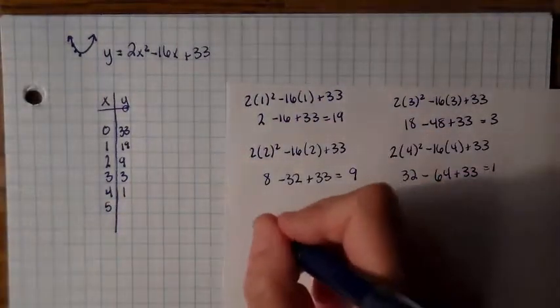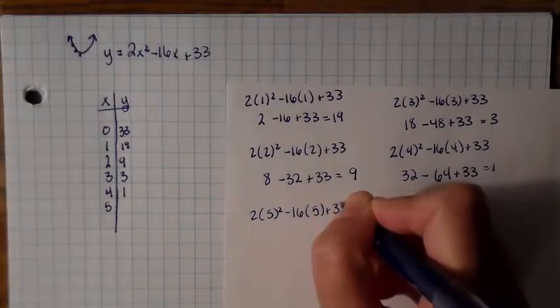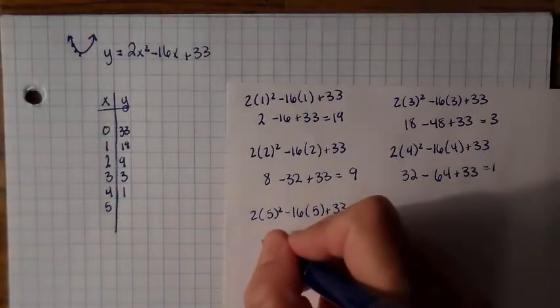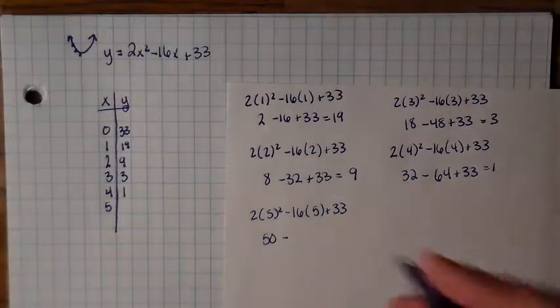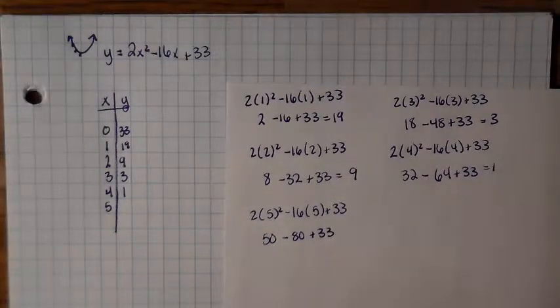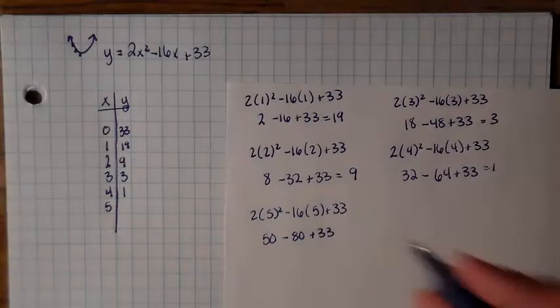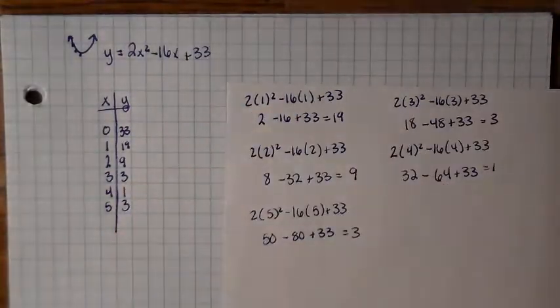So I plug in a 5. So I have 2 times 25 is 50 minus 16 times 5 is 80 plus 33. So 50 minus 80 plus 33 is 3. I finally found my curve.